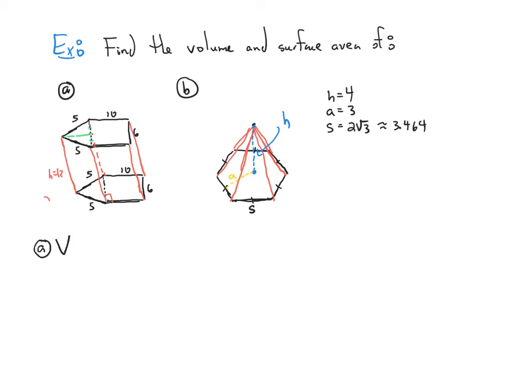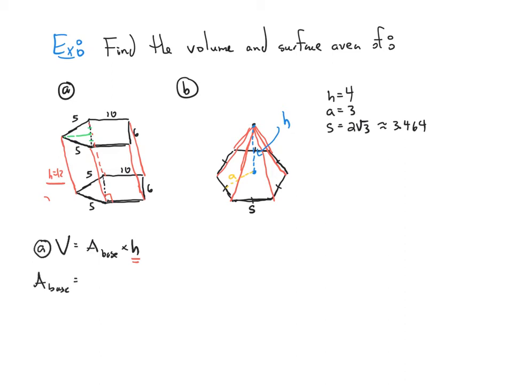We know this is a prism, so we're going to calculate the volume as, of course, area of the base times the height. Height is easy. We have the height. It's given to us. It's 12. So that bit is easy. The area of the base, we're going to have to do a little bit of work here. Let's just go ahead and do it.